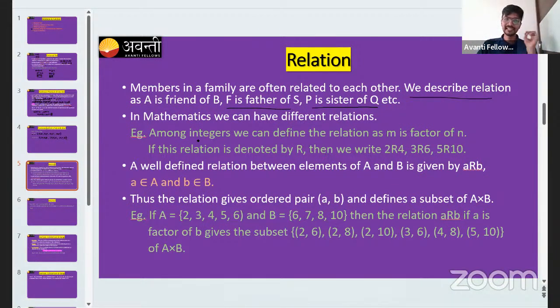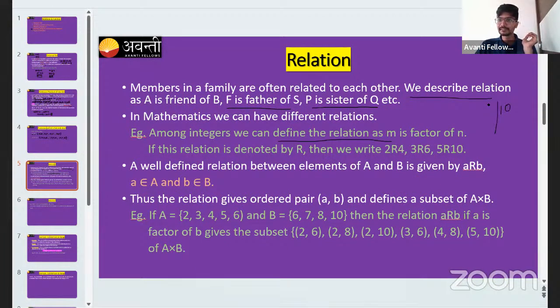So let us study among integers. I hope you are familiar with integers. 0, 1, 2, 3, 4, 5, 6, 7, 8, -1, -2, -3, -4. Those all are integers. We can define a relation. Let me define a relation as m is a factor of n. Meaning, if I factorize completely, suppose let me factorize the number 10.